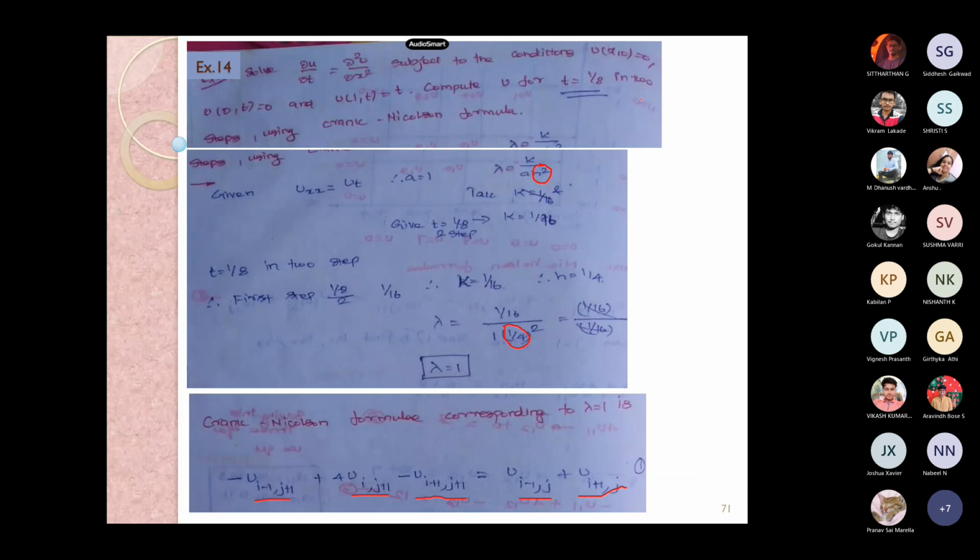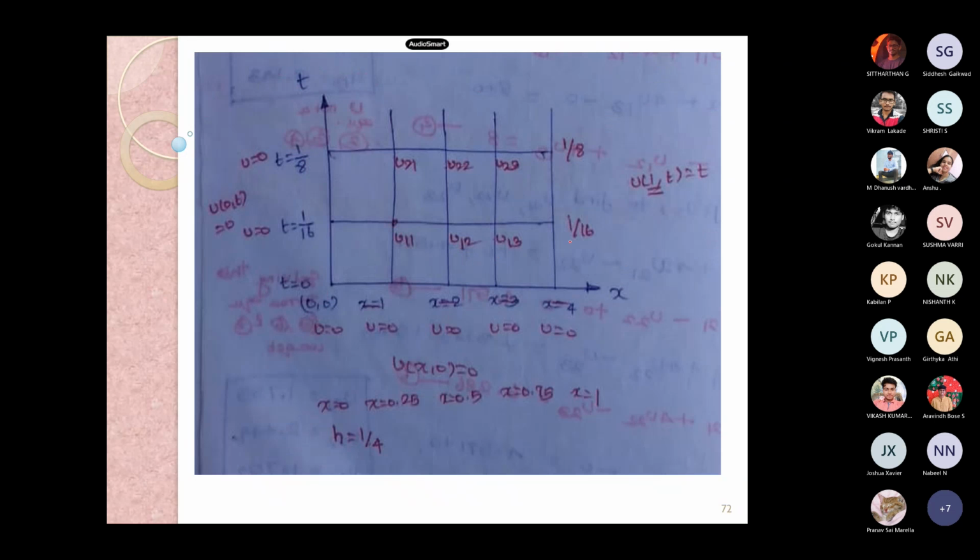So these are the various limits and boundaries. u of x comma 0 is equal to 0, therefore the x-axis has u value 0. But u of 1 comma t is equal to t. On the first time line, t is equal to 1 by 16, therefore the value at this point is 1 by 16.